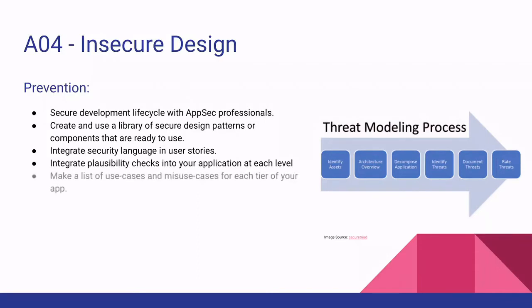So create and use probably a secure set of design patterns, right? So say for authentication, you need to have some sort of patterns for that particular organization that the security team might have, right? Depending on your application, you will have options to implement maybe an authentication token or HMAC token. So these are some of the ways one can authenticate.